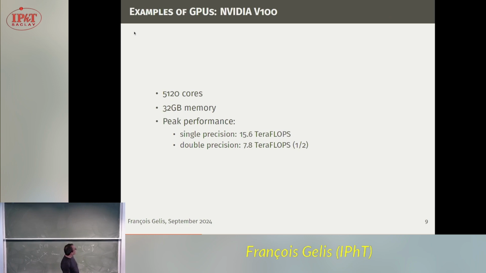So this one I mentioned it. Now the GPUs I'm going to mention as examples are those that I can use at Idris where I obtain computing time. That's why I look at the documentation. So this one has 5,000 cores, 32 gigabytes of memory, and the peak performance in single precision is almost 16 teraflops. Well, I should say one thing about what they call peak performance in the documentation.